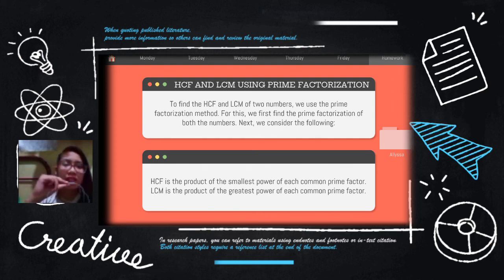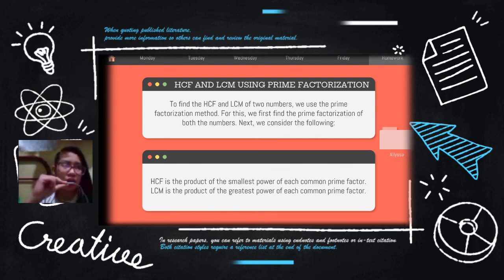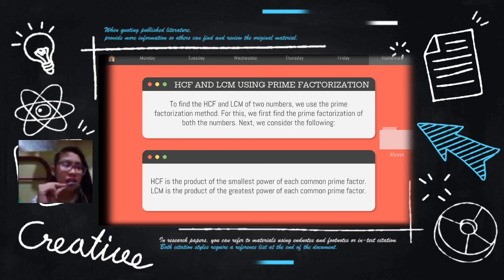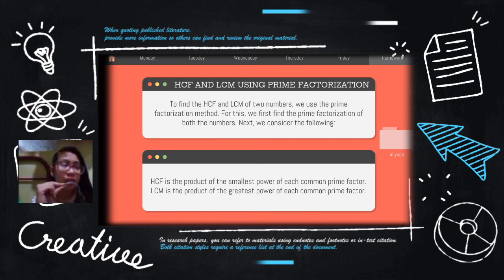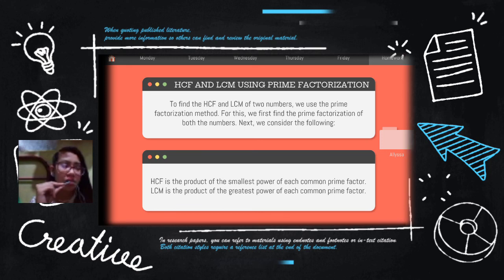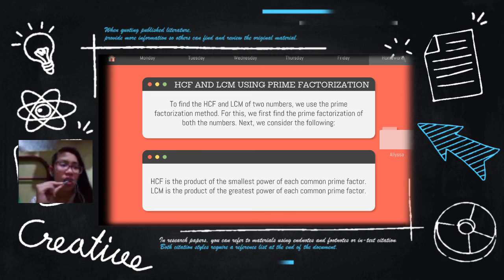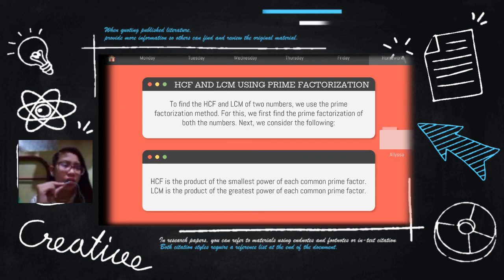LCM stands for least common multiple. So the least common multiple of a number is the smallest number that is a multiple of two or more numbers. So the LCM of two numbers can be found out by first finding out the prime factors of the numbers.